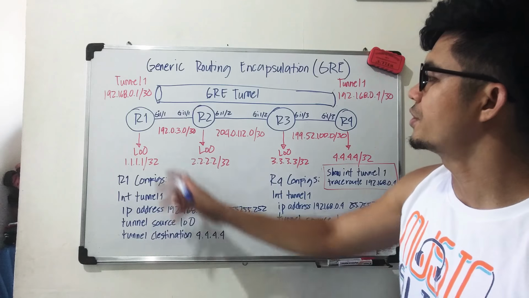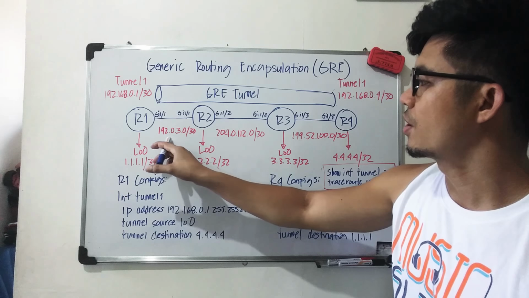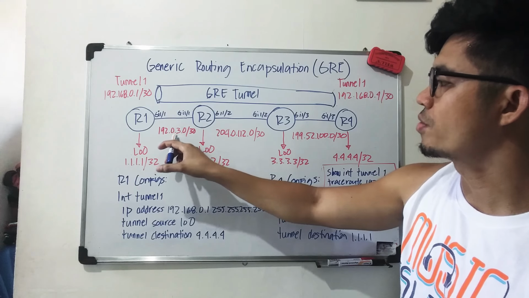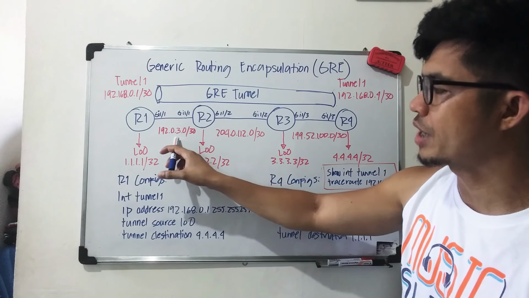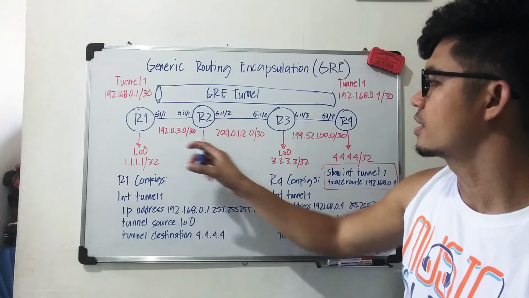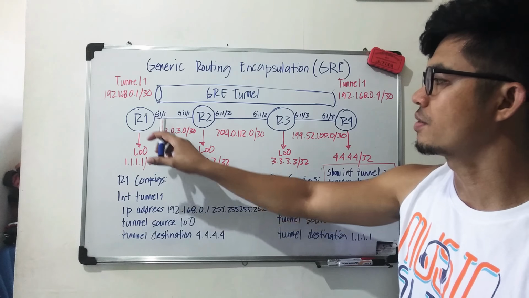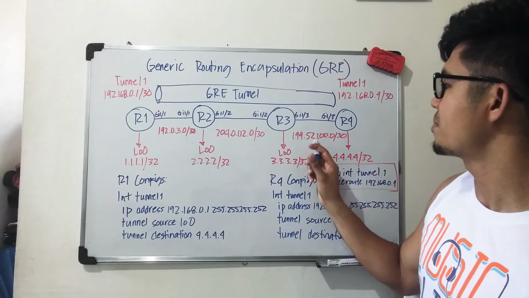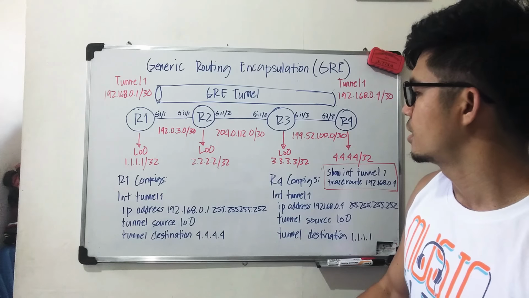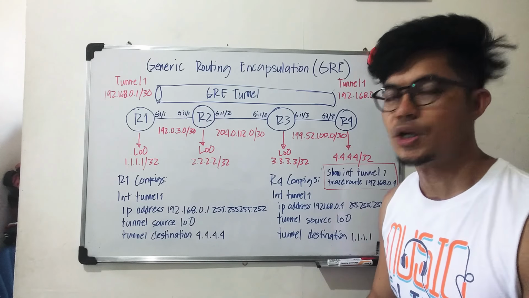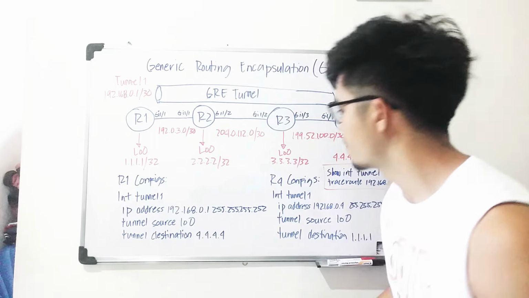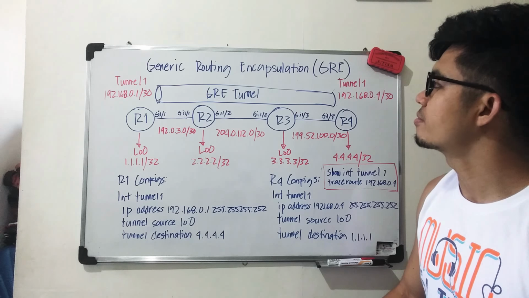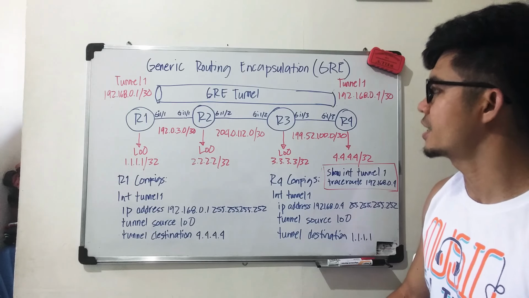Of course, these connections have their own IP addressing. This is the IP address of this connection, this is the IP address of this connection, and this is the IP address of this connection. But we are just focusing on how to configure a generic routing encapsulation, or GRE, tunnel.